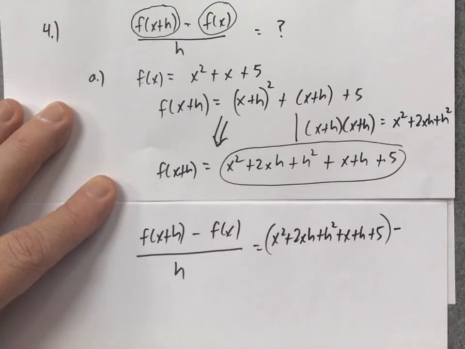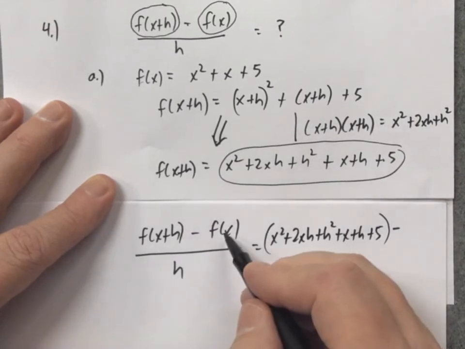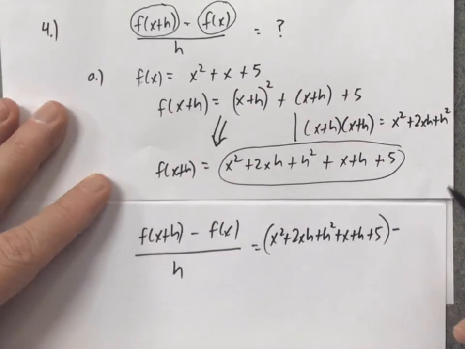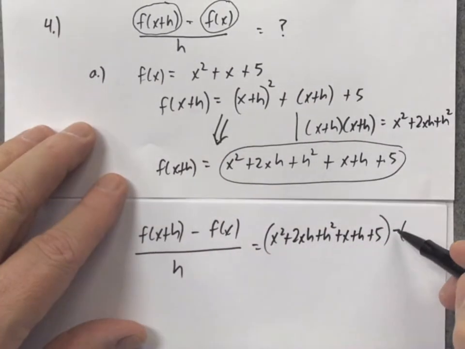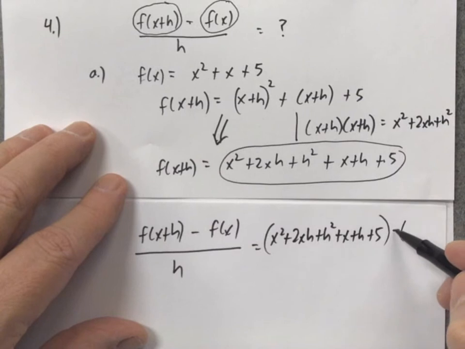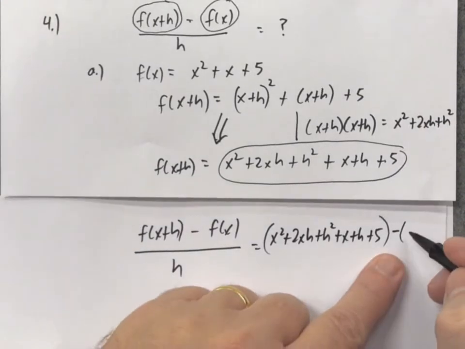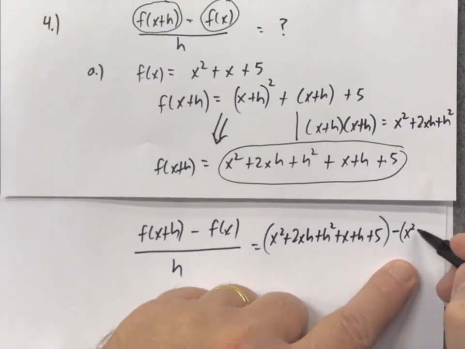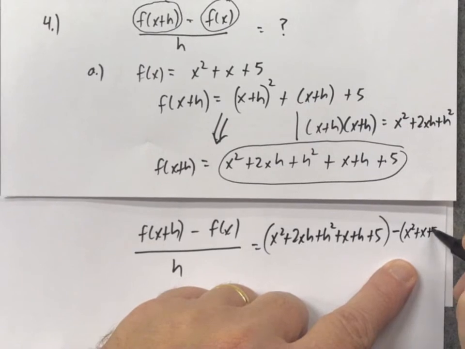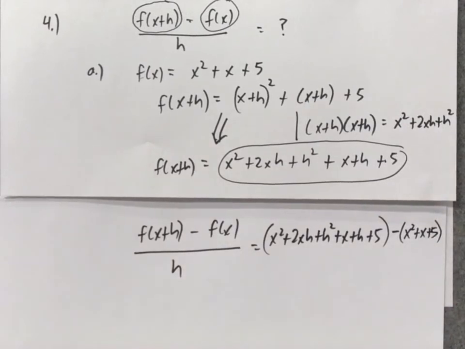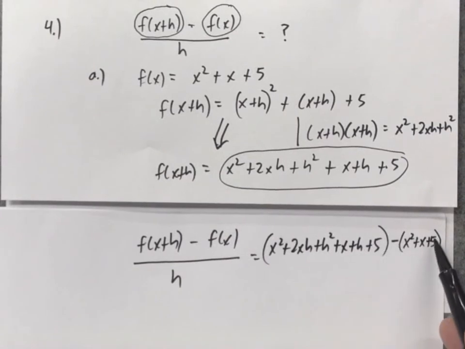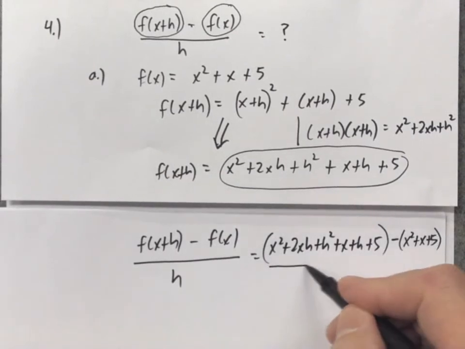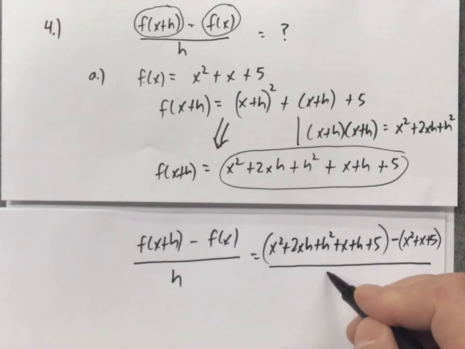That is f of x plus h. Then I'm going to subtract f of x, just my original function. And I'm going to put this in parentheses because I got to make sure when I subtract it, I'm going to subtract every term inside here. X squared plus x plus 5. So here's the f of x plus h minus f of x, and then it's all over h.